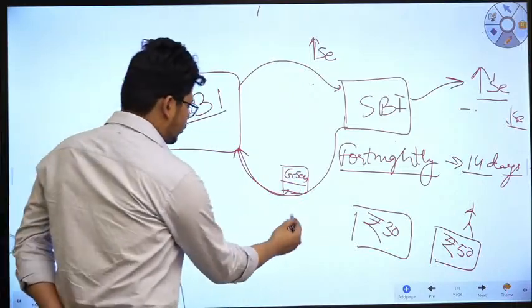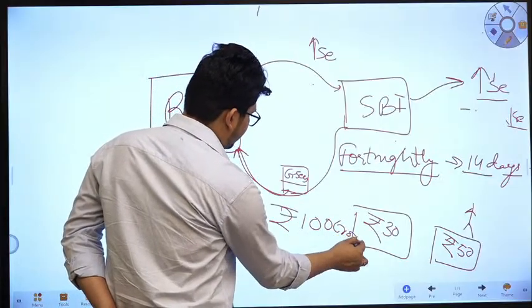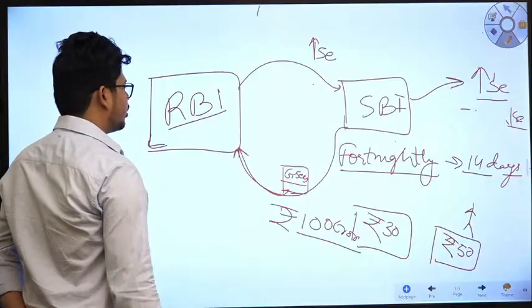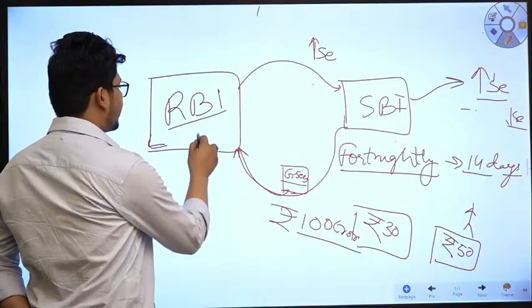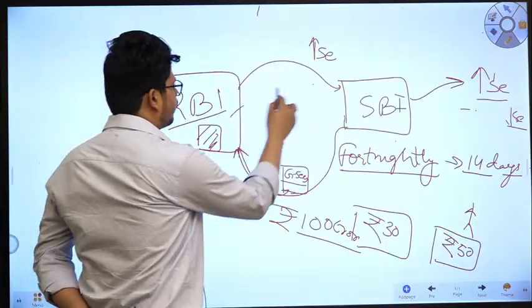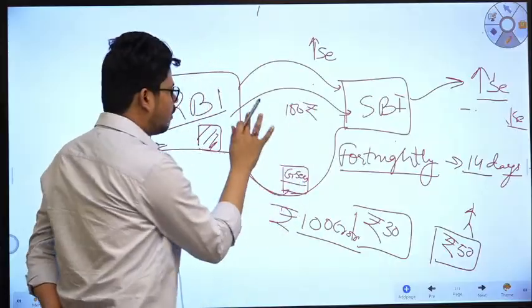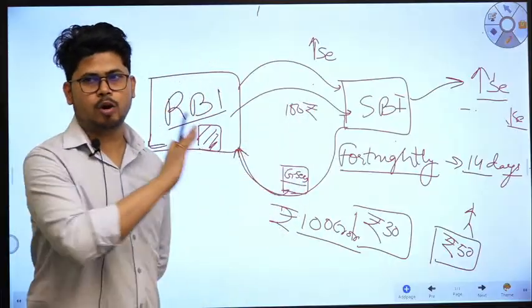For example, if it is about rupees 100 crores of G-Secs, it will pledge them with RBI and then take a loan of 100 crores. Fine, this is called repurchase obligation or repo operation.